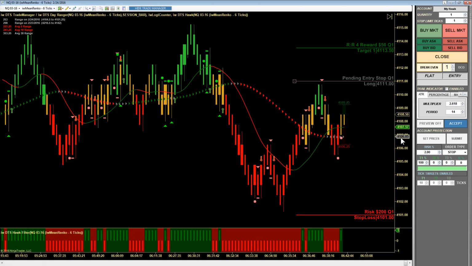And I'll explain that more. And then the other feature of the Trade Manager is that we've got 16 different stop strategies here to choose from, and all of them are fully customizable. I'm probably going to go here with the ATR strategy if we get filled to the upside.